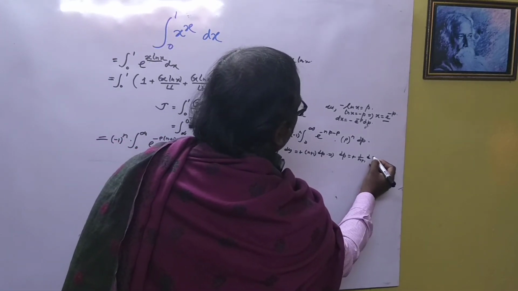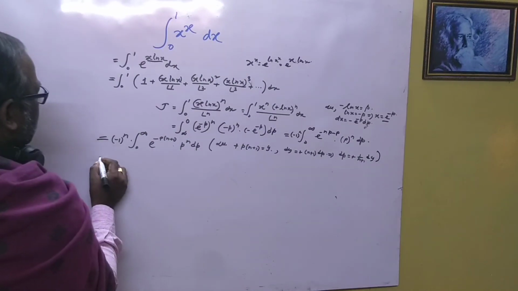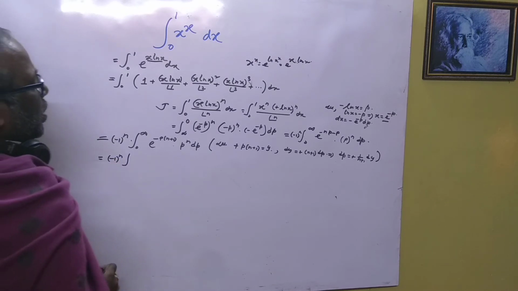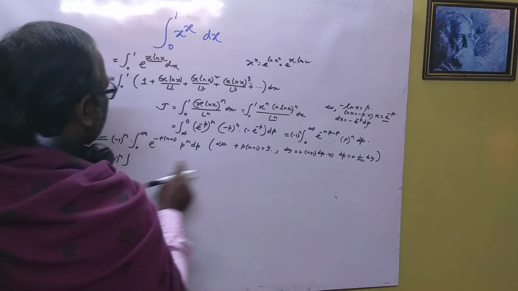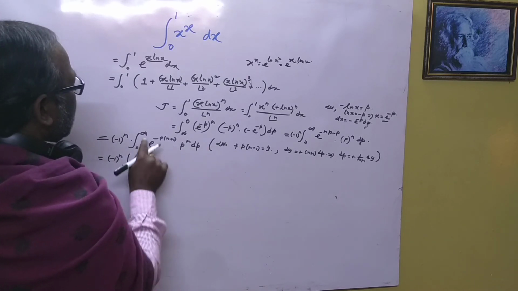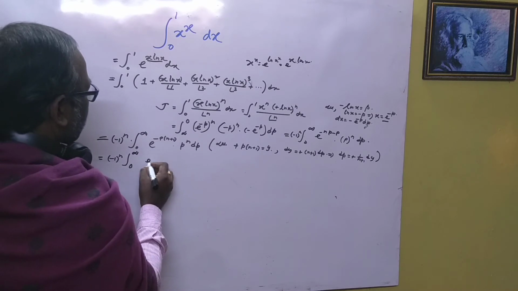So this is equal to minus 1 whole to the power n. If we put p as 0, we get y as 0, and if we put p as infinity, we get infinity. So the limit is unchanged.